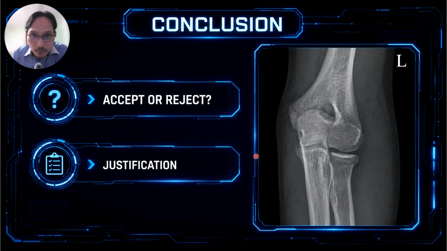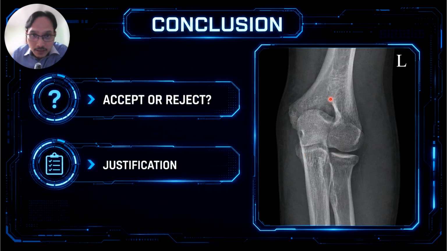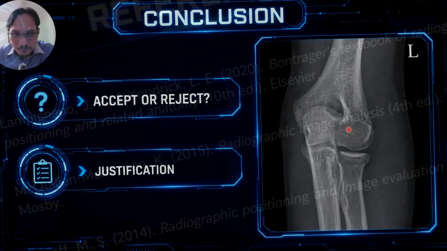Secondly, the elbow demonstrates excessive internal rotation as evidenced by increased superimposition of the radial head over the proximal ulna. Finally, the alignment between the patient and image receptor is incorrect. Therefore, this radiograph is not acceptable for diagnostic purposes.